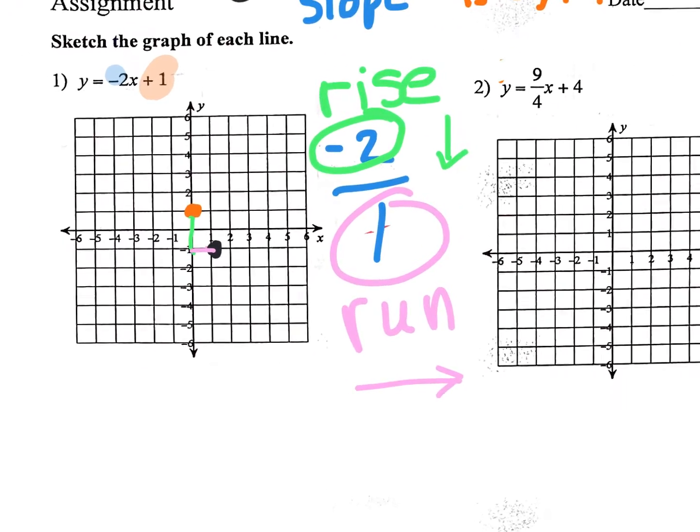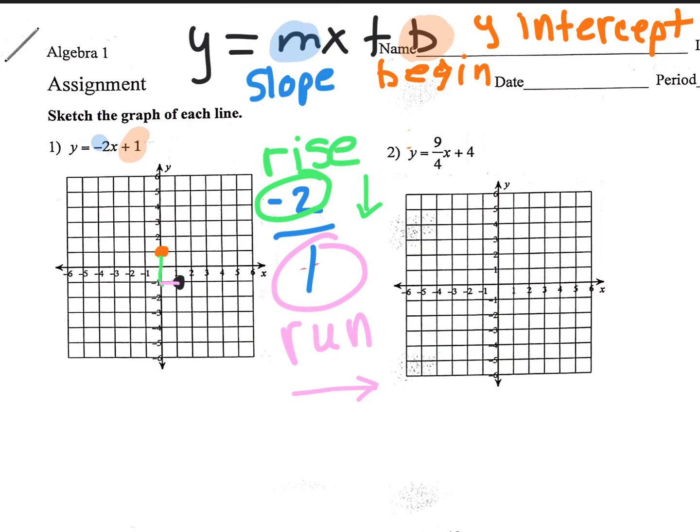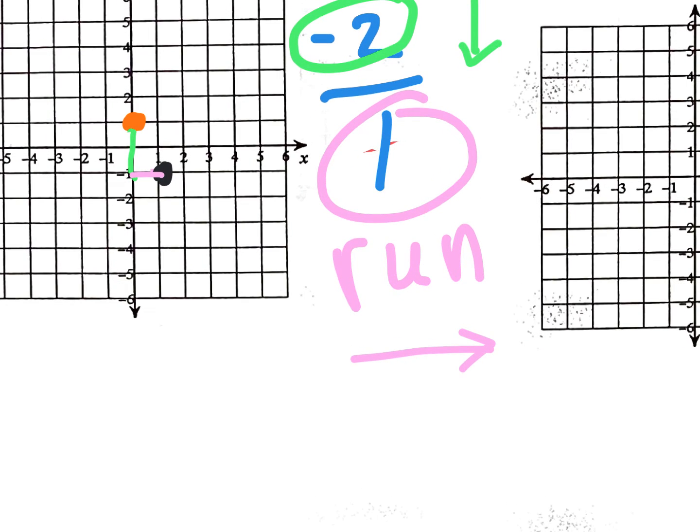Now, every math teacher in America, particularly the ones here at Ballard, are going to tell you that you need 3 coordinates in order to make a line. Because you can't really know for sure how straight it's going to be until you have 3 coordinates to line it up. So that means you're going to do that exact same rise, which is down 2 and over 1.